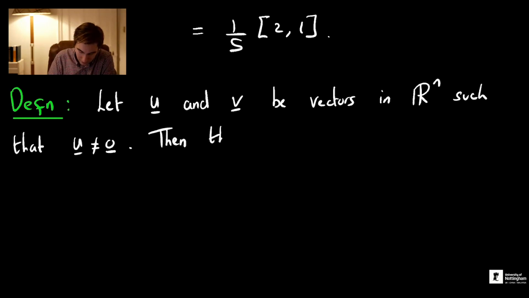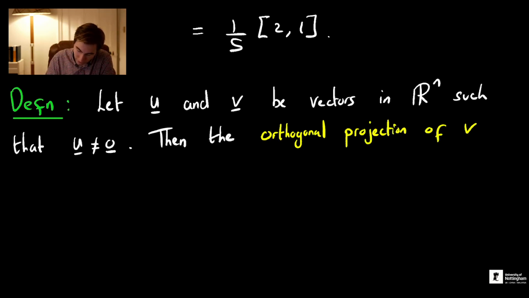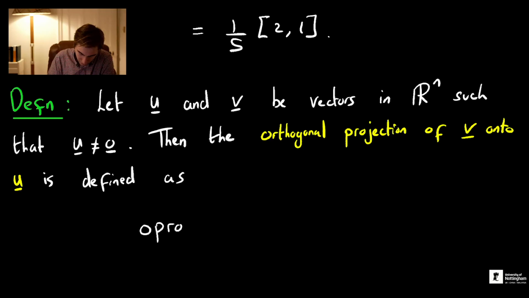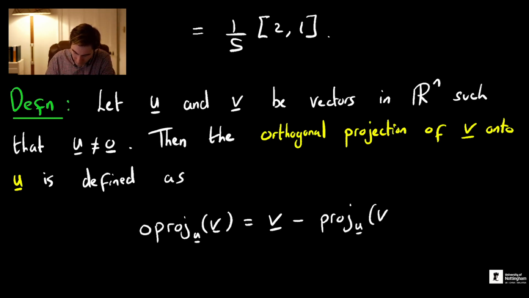Then the orthogonal projection of v onto u is defined as, write it as O, the orthogonal projection of v onto u is equal to v minus the projection of v onto u.